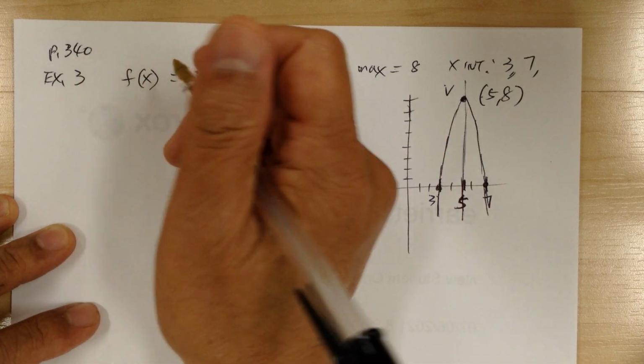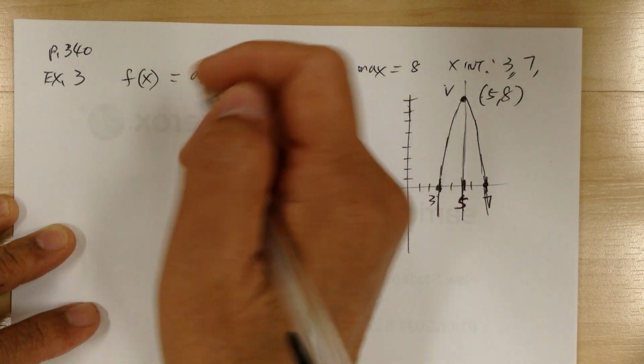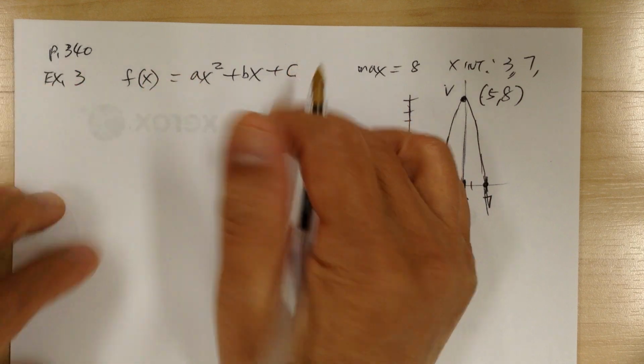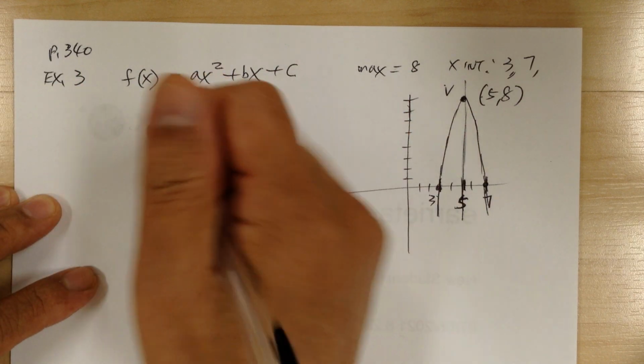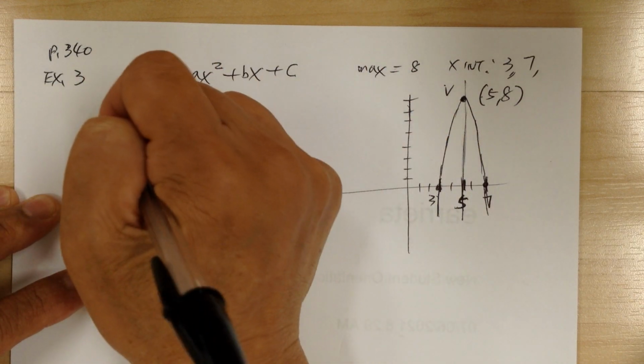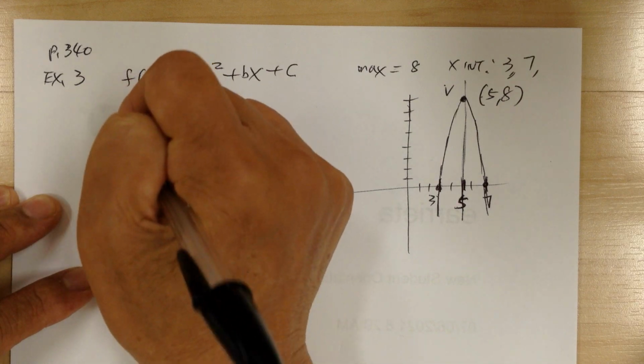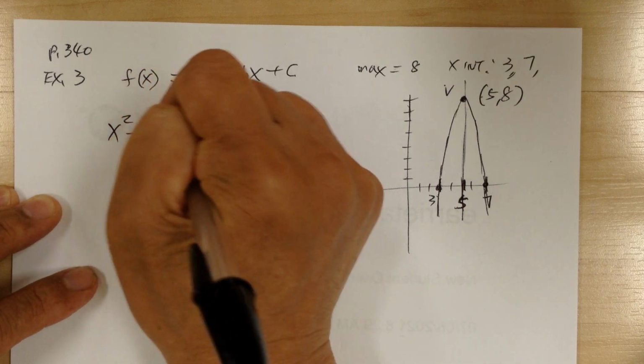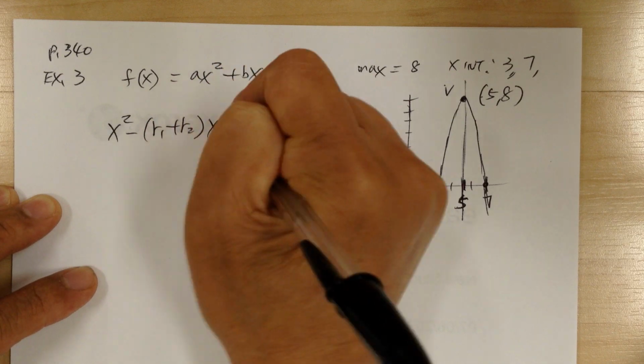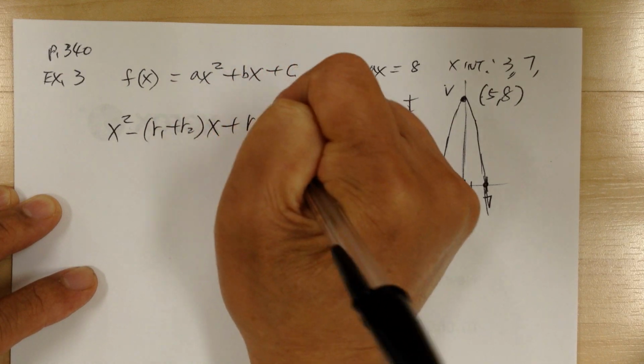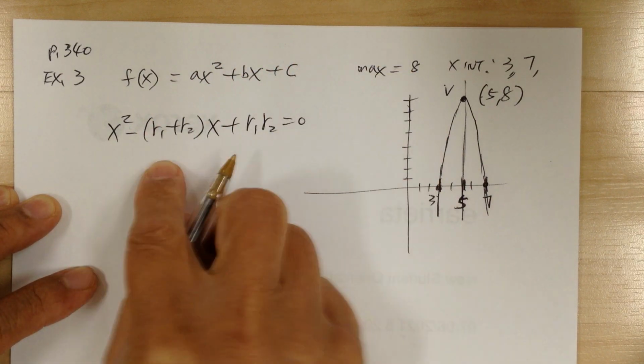Let's just focus on this part, the root part. Remember, the root equation is x squared minus (r1 plus r2) x plus r1 r2 equal to 0. That's your basic equation.